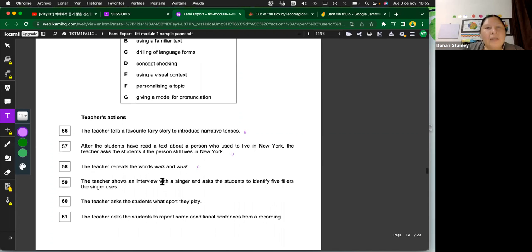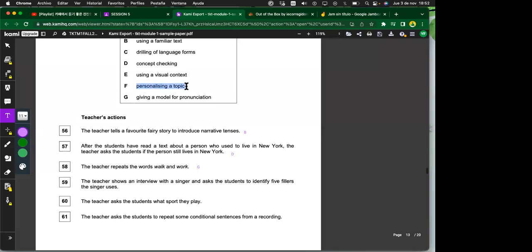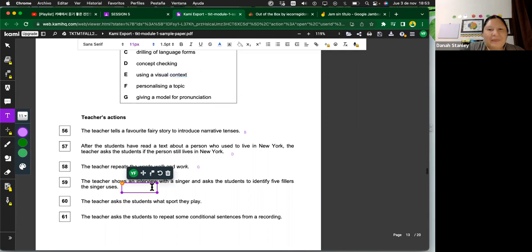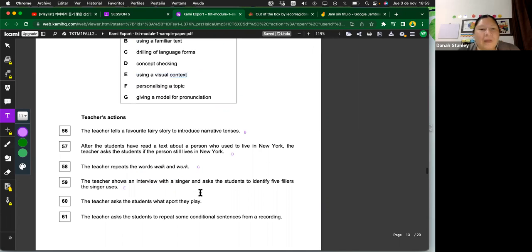In this case is personalizing. I thought it was E. Digo, y, sí es cierto. Using visual context. Using visual context is letter E. You are using the contextualization in which the language is presented. And they need to visualize, or they need to see exactly where these structures are, okay?